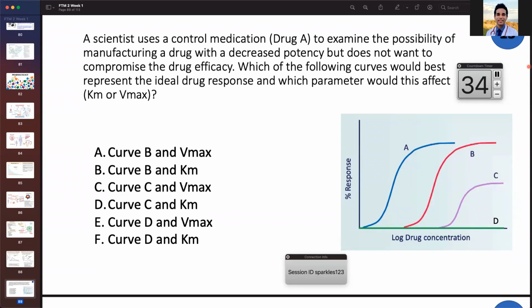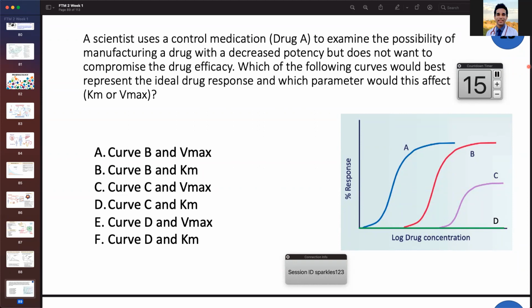What would be the inducer, or which would be the inhibitor? That's as simple as they asked, and then they just gave us a list of drugs that could be the inducer or the inhibitor. So just be aware of that.